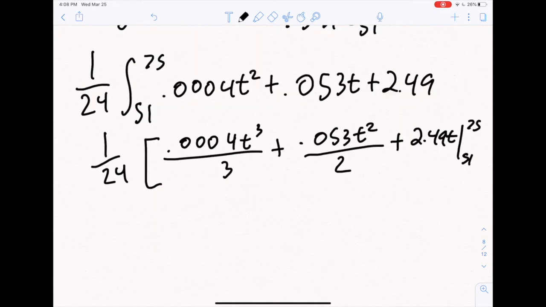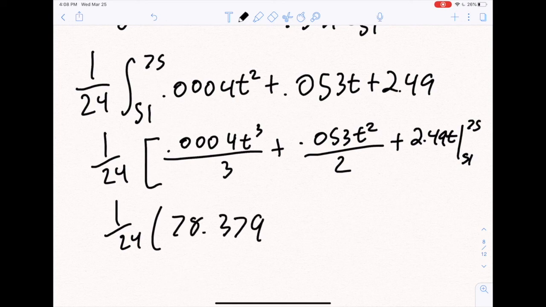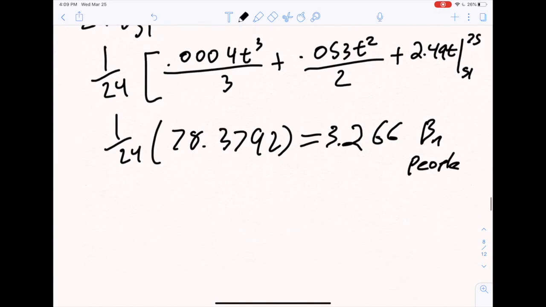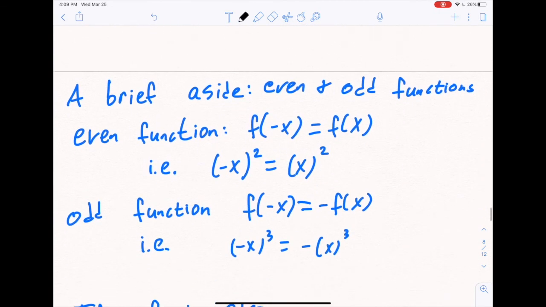So that ends up working out to be 1 over 24 times 78.3792, which yields 3.266 billion people. All right, let's go ahead and look at a brief aside.